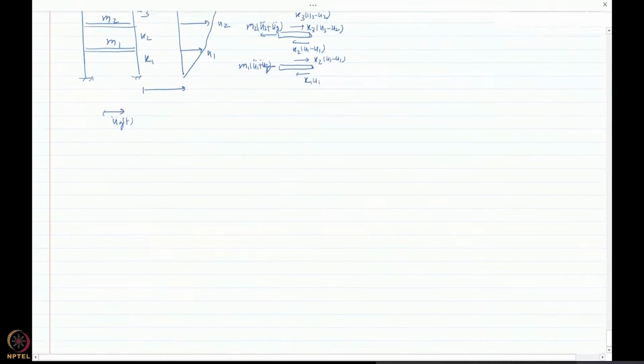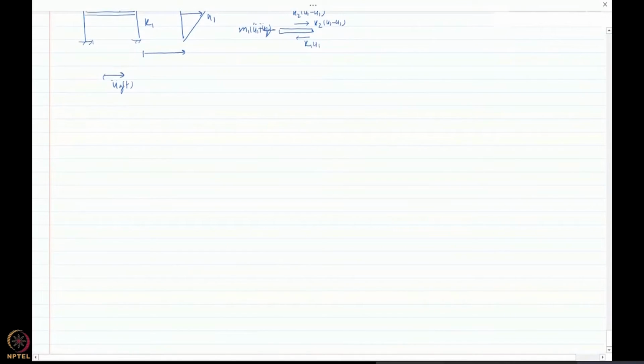So you can write down the equations of motion. Basically, we'll have 3 equations of motion. M1 (u1 plus u_g) plus K1 u1 minus K2 (u2 minus u1) equal to 0.